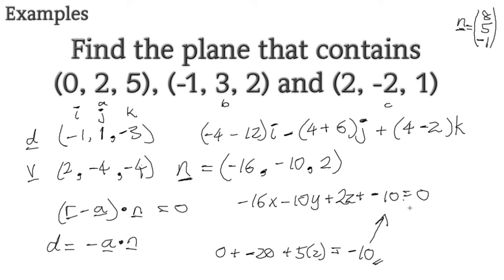And since everything is a multiple of 2, we can reduce it to minus 8x, minus 5y, add z, take 10, take 5 equals 0, which is just the negative of the previous answer, which again will be the same.